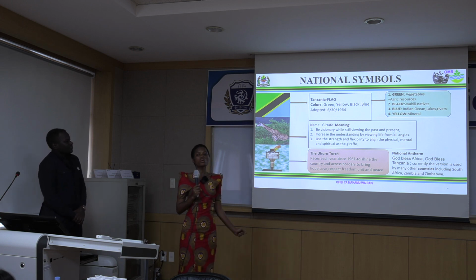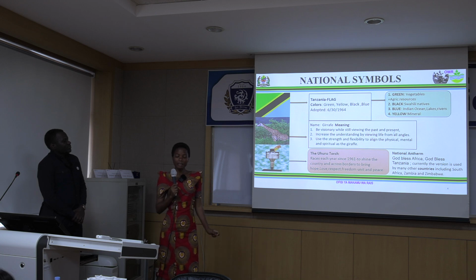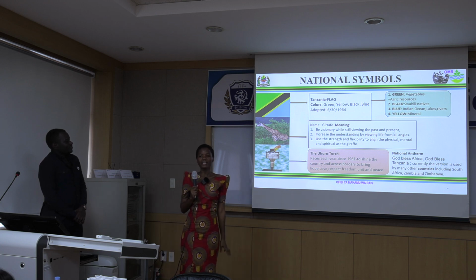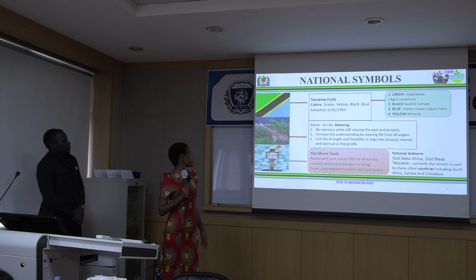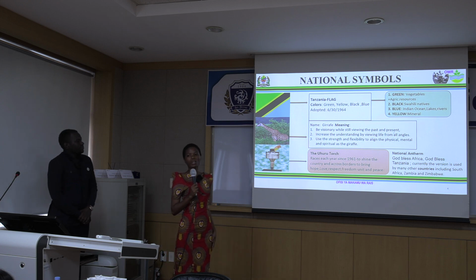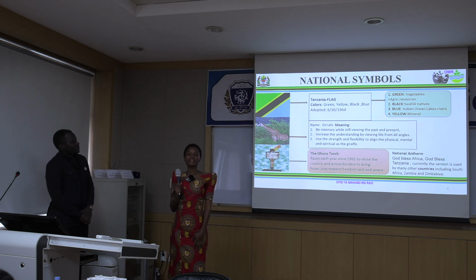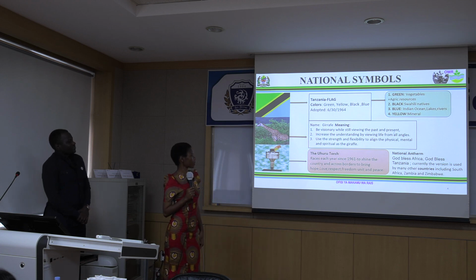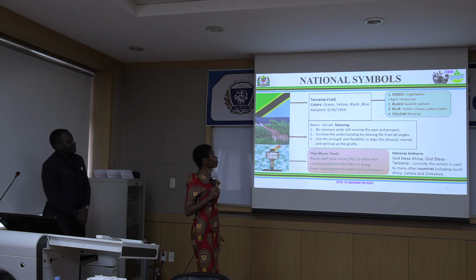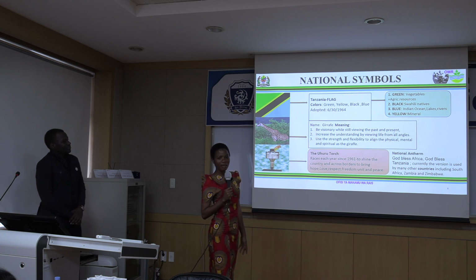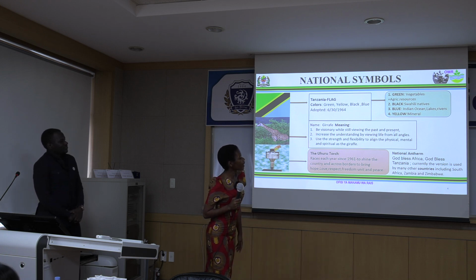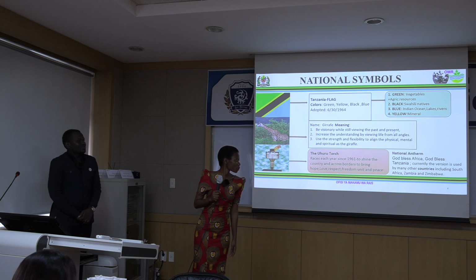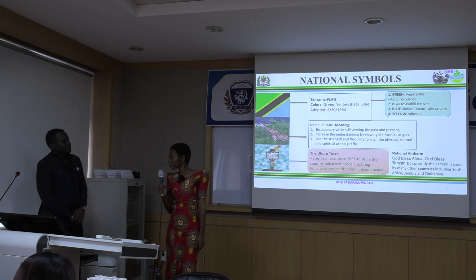Also it is used to fight evils like corruption, theft, and embezzlement. So it is passed all over the country. Wherever we find the evils, punishment will be given to those concerned. Also, we have the national anthem, which we sing, God Bless Africa, God Bless Tanzania, and that version is also used by other countries.